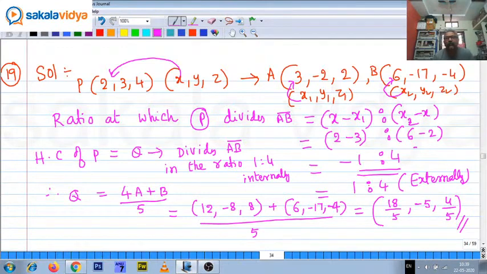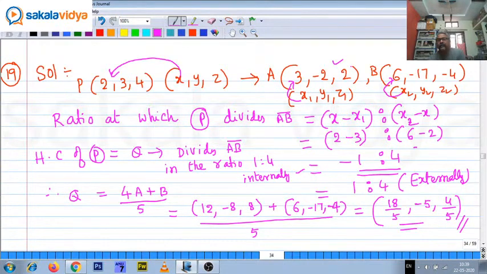With the same ratio 1 is to 4 I have taken, internally I divided. I got another point. This point is called the harmonic conjugate of P with respect to these 2 points. If you take positive, it is internal; if you take negative, that is called external.